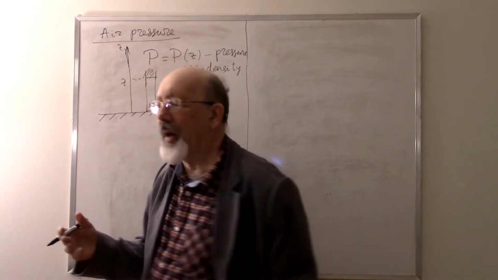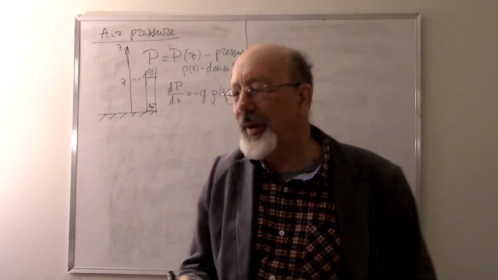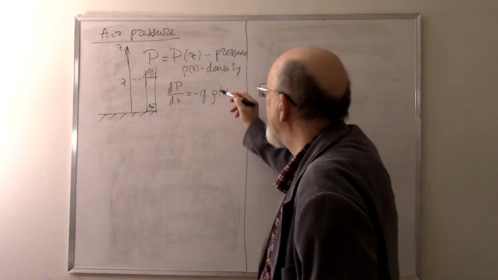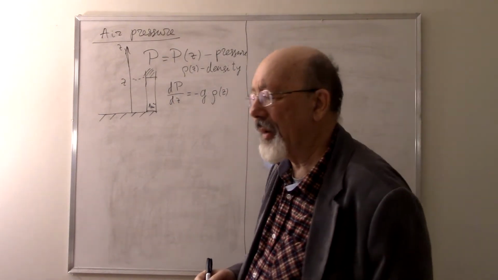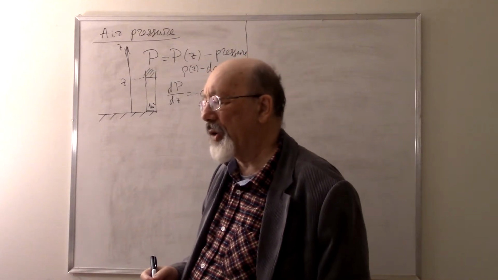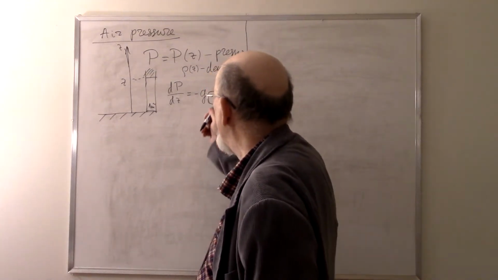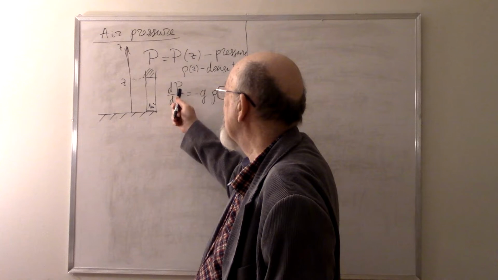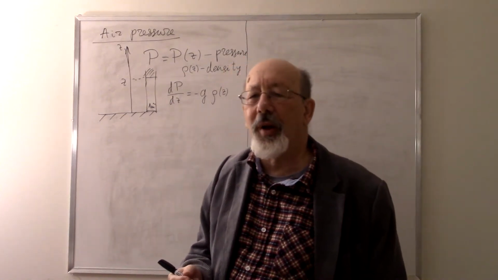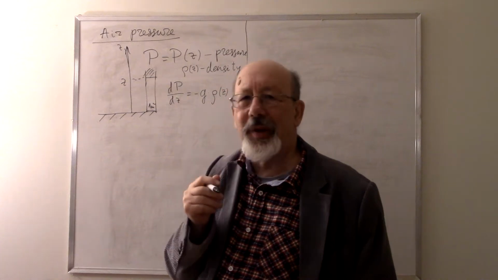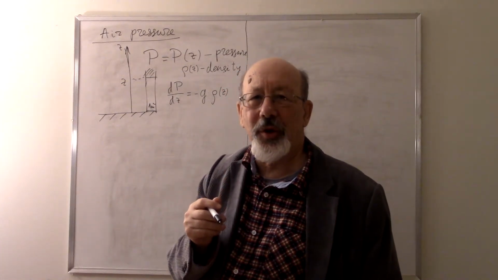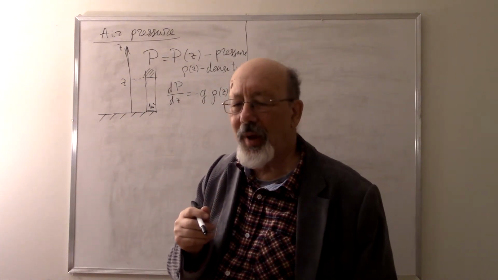I mean air pressure and air density. Now we have a new unknown function rho, the density. Of course, it depends on the pressure, air pressure, but it depends on something else. It depends on the temperature.